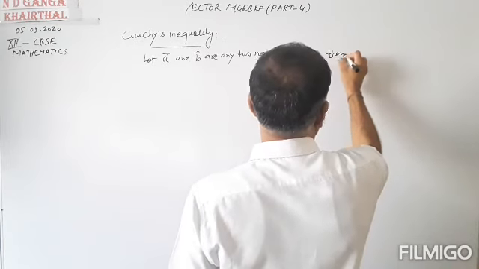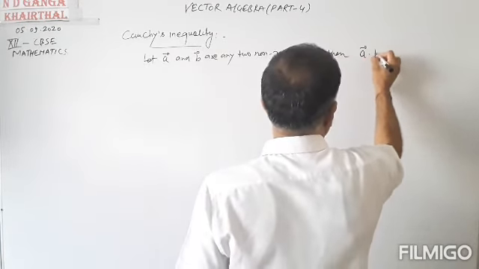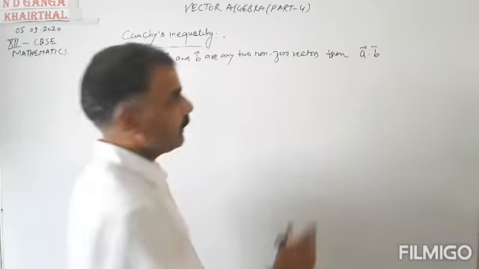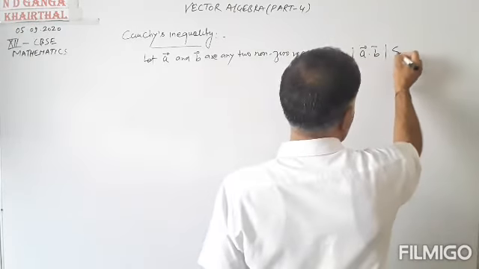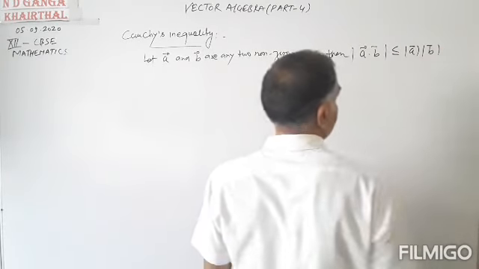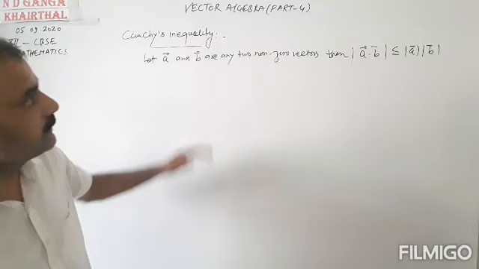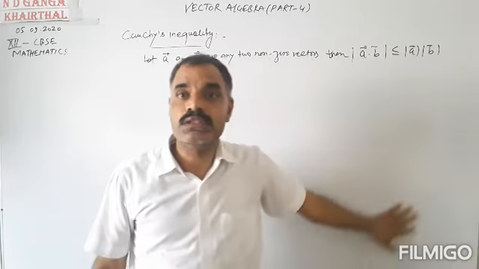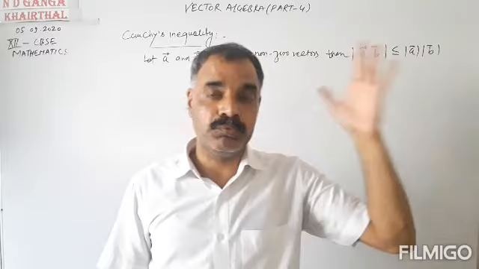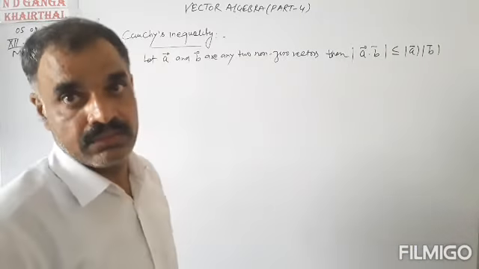Then the magnitude of A vector dot B vector is less than or equal to magnitude of A vector times magnitude of B vector. This is the Cauchy's inequality. We are discussing here the proof of this inequality.